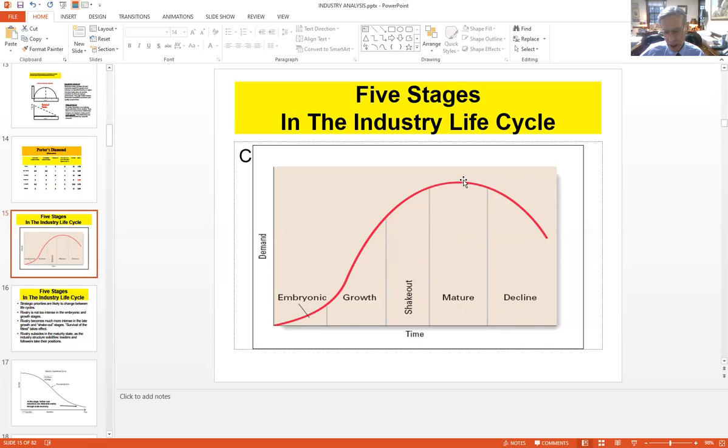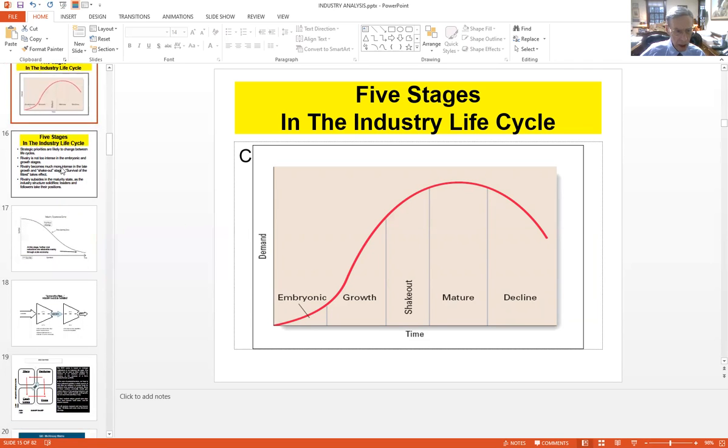It may be that the industry will simply stay in the mature stage. And of course, if that is the case, then a firm that is a leader in a mature industry that is likely to remain mature is in a very good position because it can anticipate sustained competitive advantage and earnings.